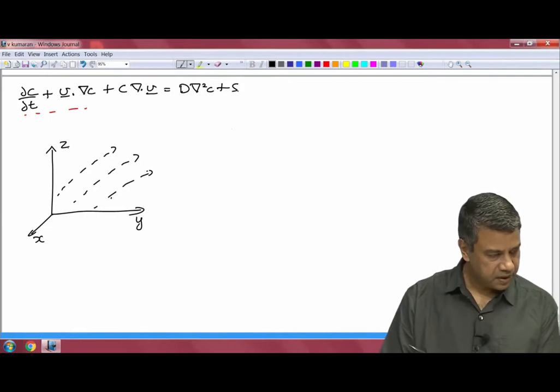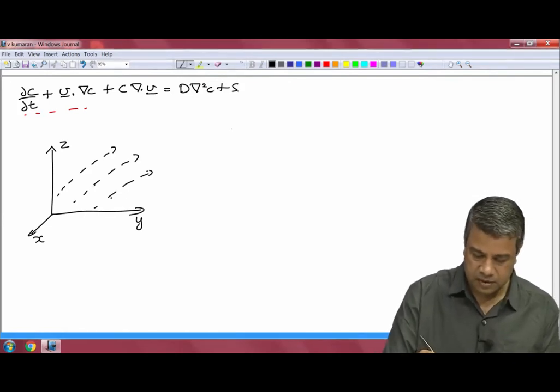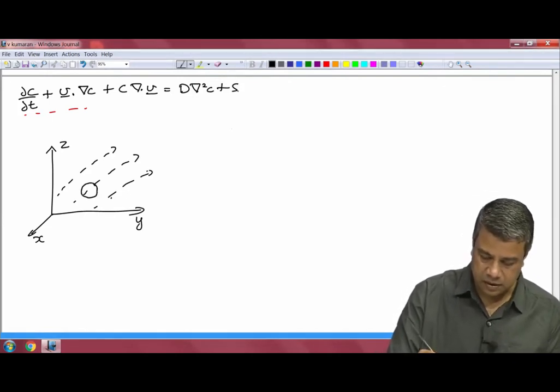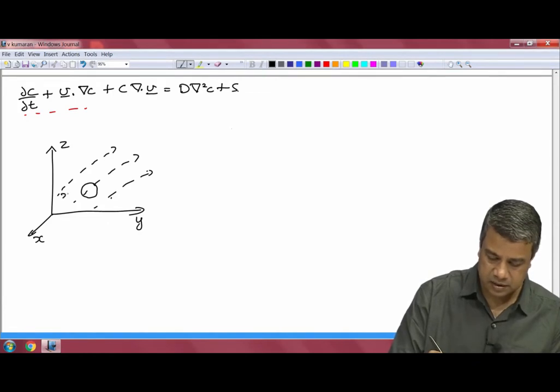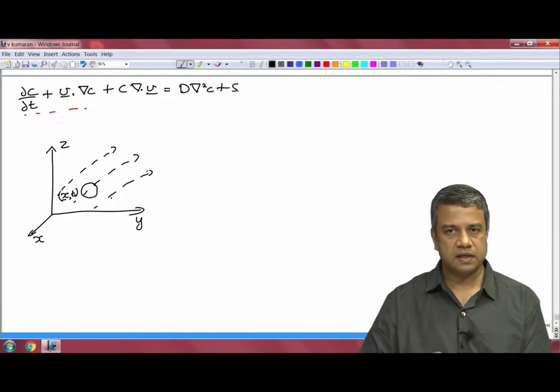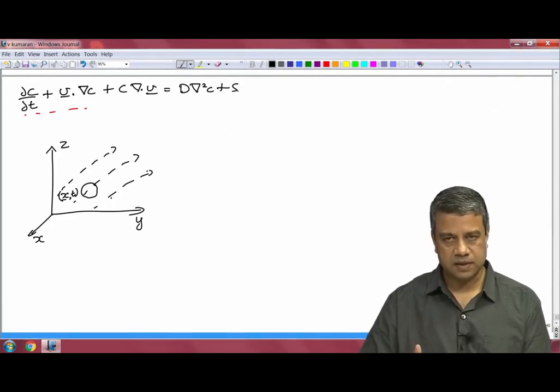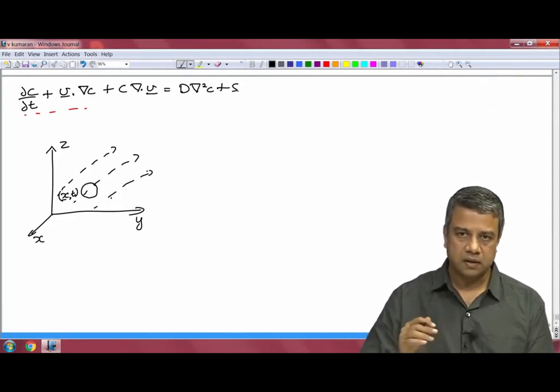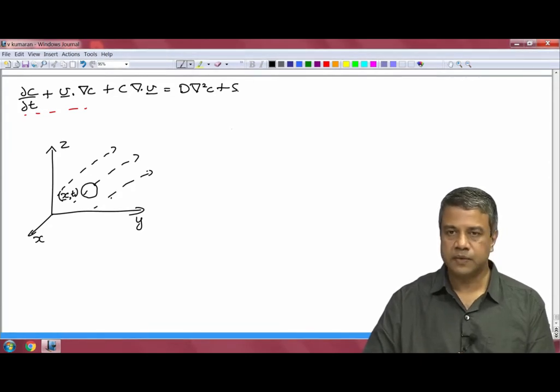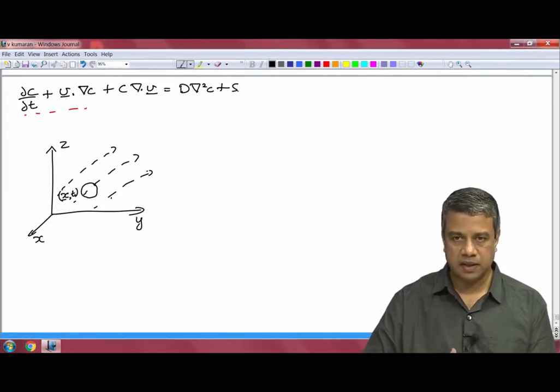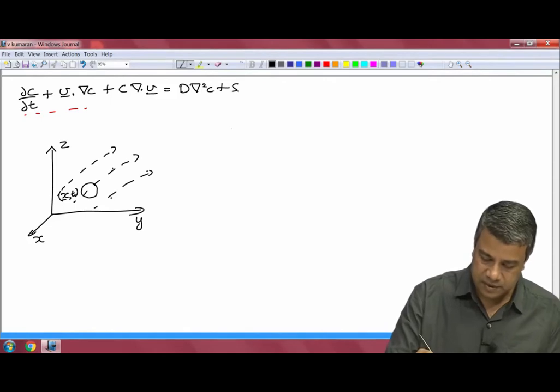And if you have some volume element of fluid occupying some location x and t, where the x vector is x e x plus y e y plus z e z, on this is superposed a velocity. Therefore, this volume element at a later time will occupy some other position.